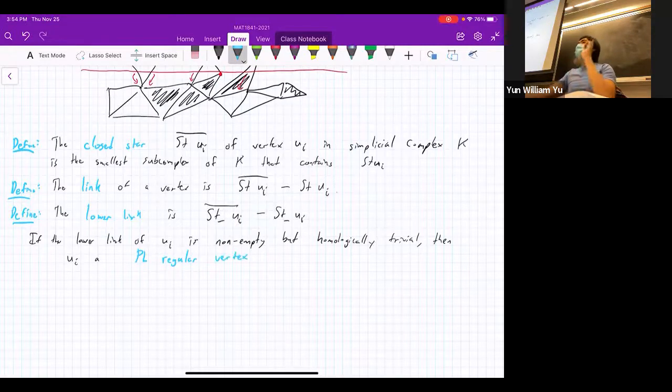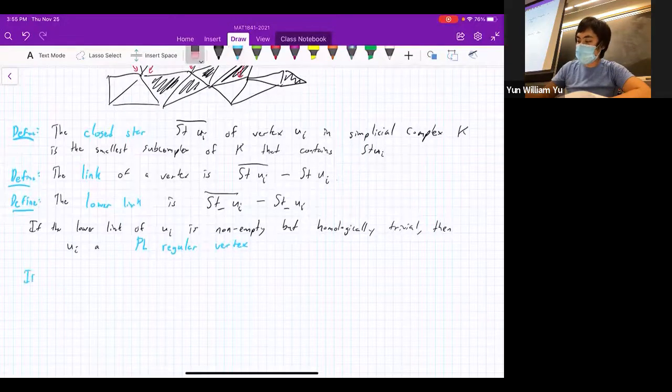Okay, and note that the assumption of genericity is important here, because what you don't want happening is, as you increase your value, to include two vertices at once. Because if you included two vertices at once, even if they both have lower links that are homologically trivial, if they're not connected, well, then you just have two dots, and so that's homologically non-trivial. But as long as you can ensure that you only add one lower link at a time, well, if you just basically add a ball onto something, it doesn't actually change any of the homology.